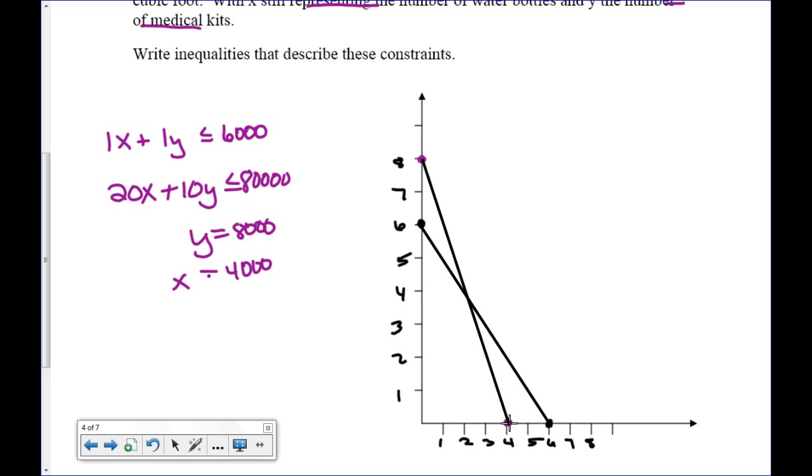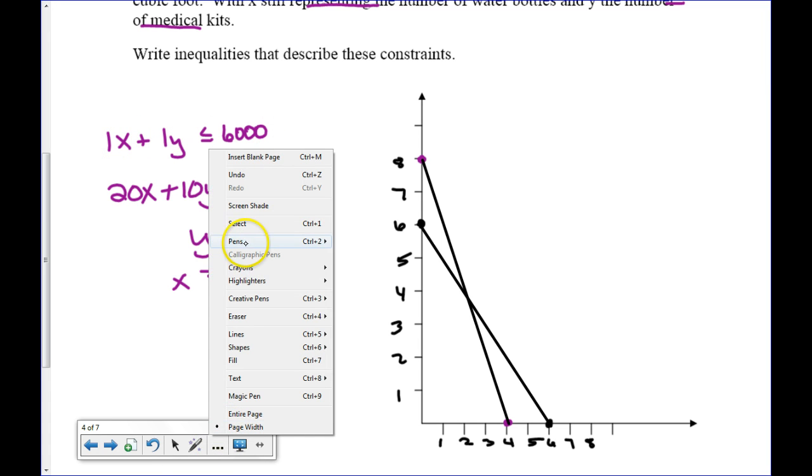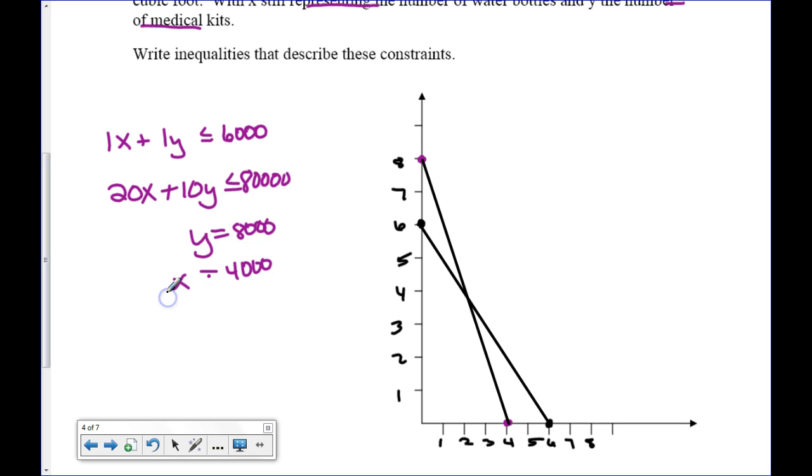Okay. So, we have a couple things we got to do yet. We need to shade our feasible region. First of all, we need to find what is the feasible region for the first line, this one. Okay? So, I'm going to find a pen again. If I put in 0, 0, this point right here, for this first region, if I put 0 in for x plus 0 for y, is that less than 6,000?